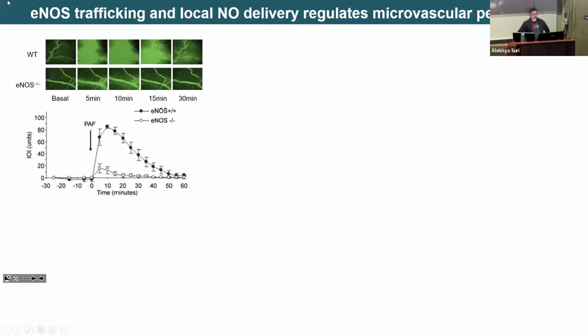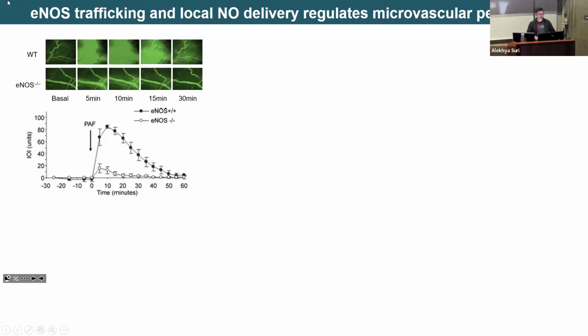So the data that I'm showing you here was generated in 2 different mice. The mouse on top is the wild type mouse. So that's a normal, healthy mouse that has all of the genes. The mouse on the bottom doesn't have the gene that encodes for eNOS, and therefore the endothelium of that mouse cannot produce nitric oxide, right? So what these people did here was they threw a pro-inflammatory agent.